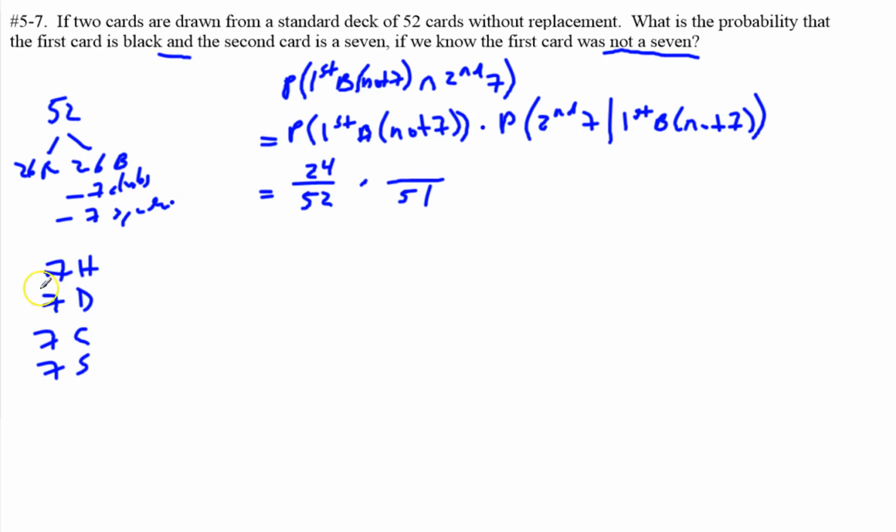We definitely didn't choose a 7 the first time, so all 4 of those cards would be left. That's 4 out of 51. Then we can multiply this out. On the top we have 96, and on the bottom we have 52 times 51, which is 2652. In decimal, that turns out to be approximately 0.0362.